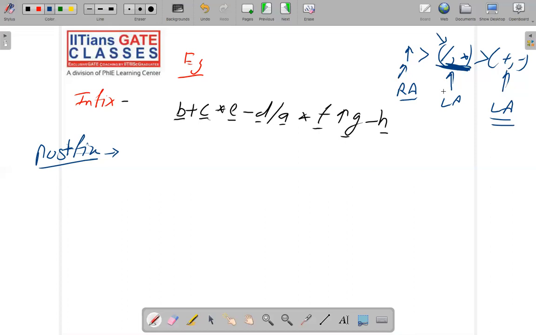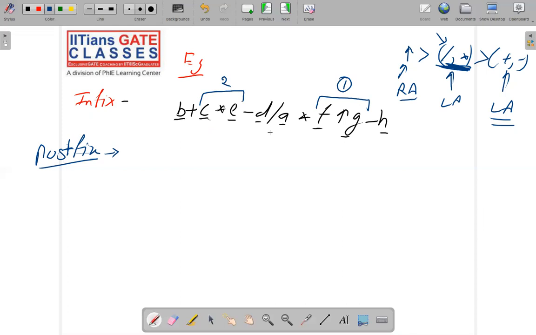You can see here that this operation will be performed first because it has higher precedence and there is no other power operation here. After that, following left to right associativity, this operation will be performed next.